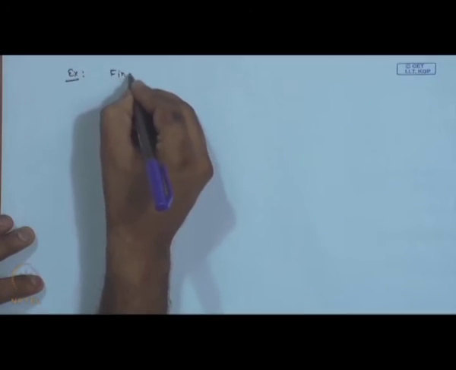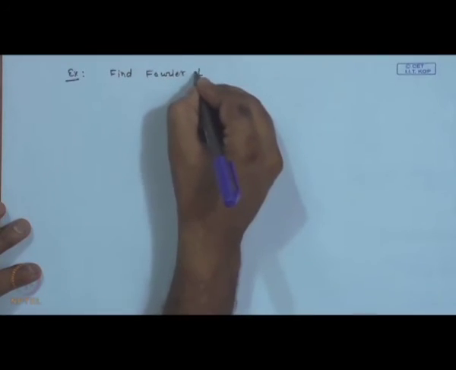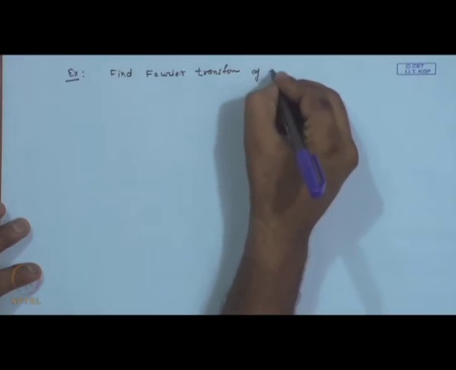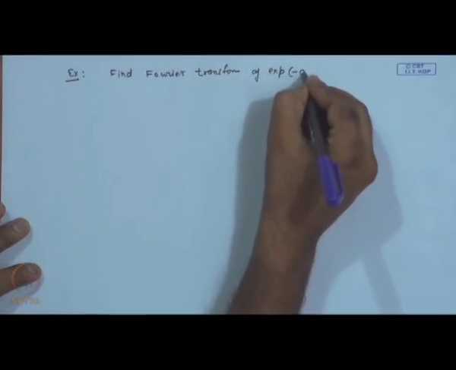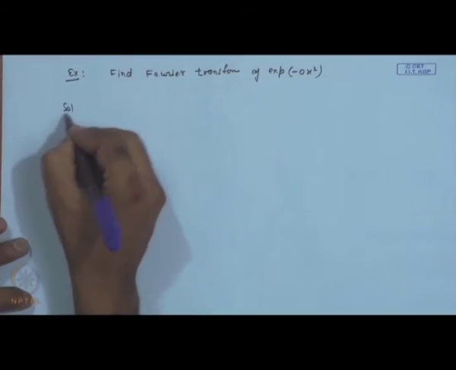So the example: find the Fourier transform of exponential minus a x squared.